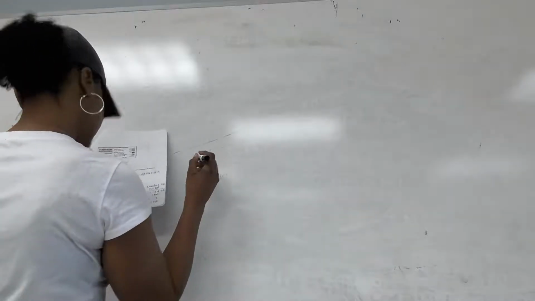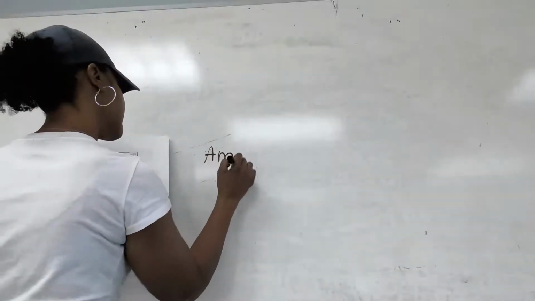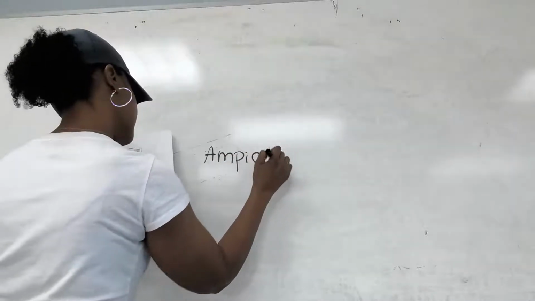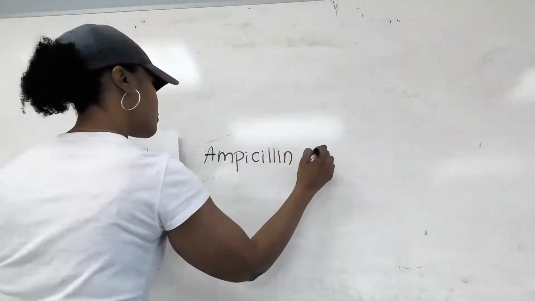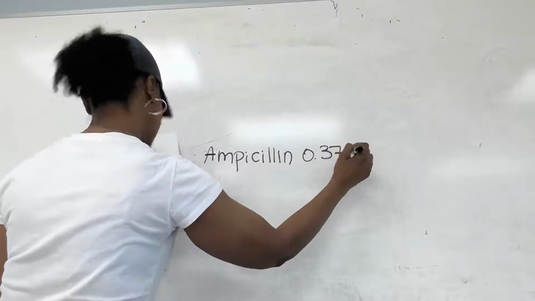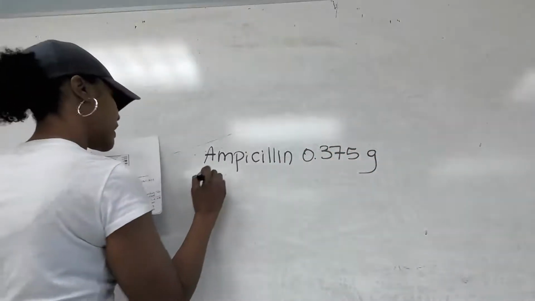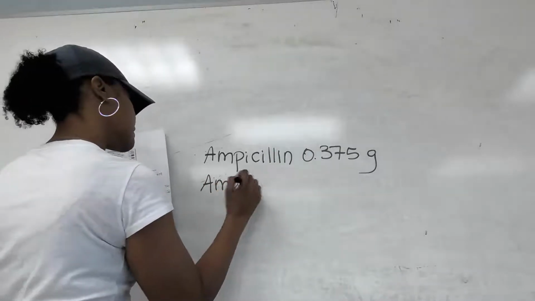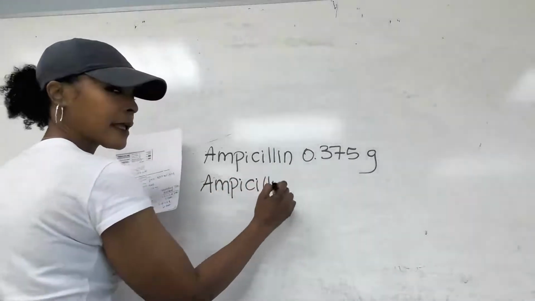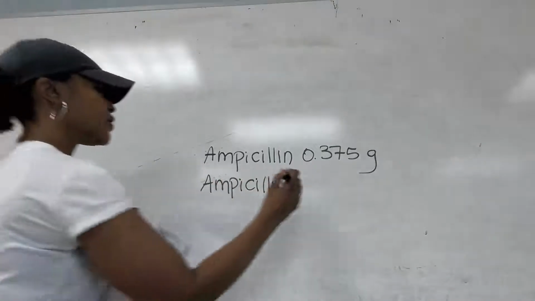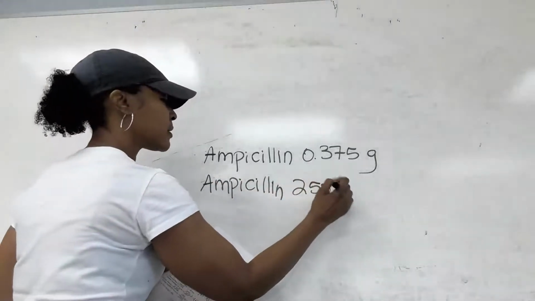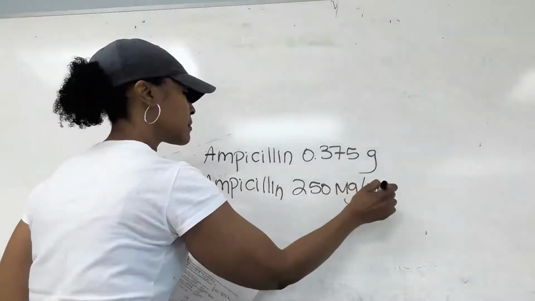Number 20 is amoxicillin, 0.375 grams. That's what the doctor ordered. We have available amoxicillin, 250 milligrams per milliliter.